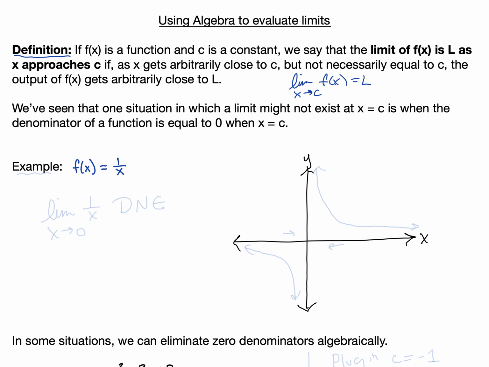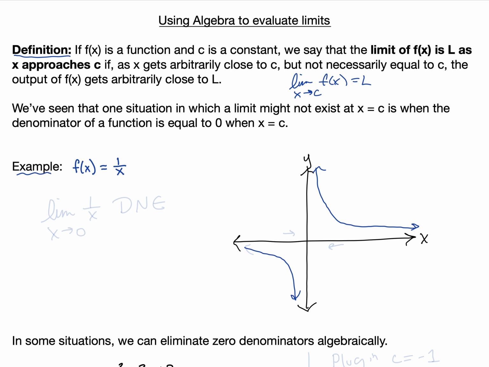Okay, so we've seen that one situation in which a limit might not exist at a point x equal to c is when the denominator of the function is equal to 0 at x equals c. The simplest example of that would just be the function f of x equals 1 over x. And we know that in that situation, our function looks kind of like this.